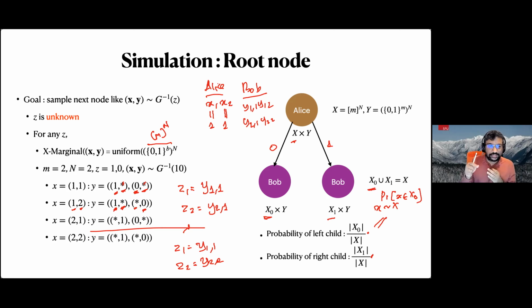So we are sampling the next bit as if X was sampled uniformly at random from capital X. And the claim is that the marginal on X of the target distribution, which is unknown to us because we don't know what Z is, is equal to the uniform distribution on X. This is the right distribution.